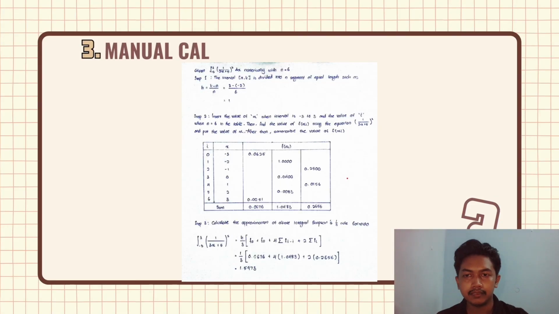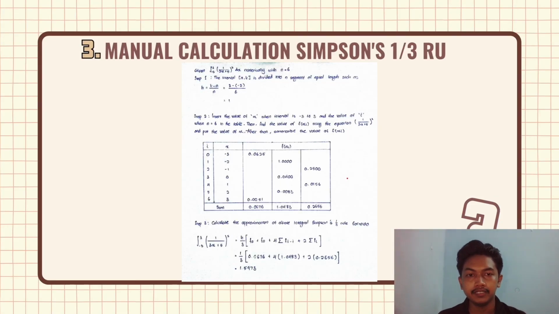Now for the manual calculation for Simpson's 1/3 rule. Given the interval negative 3 to 3, the function 1/(3x+5) squared, numerically with n equals to 6. For the first step, the interval AB is divided into n segments of equal length, such as h equals b minus a over n.